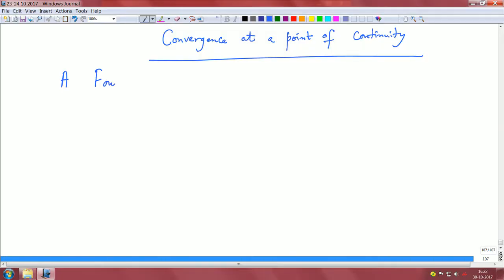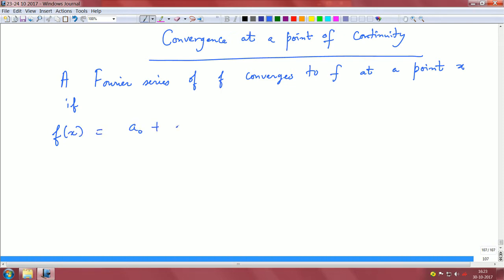A Fourier series of some function f converges to f at a point x if f of x is written in the form a naught plus limit n going to infinity summation k equals 1 to capital N a k cos k x plus b k sin k x.